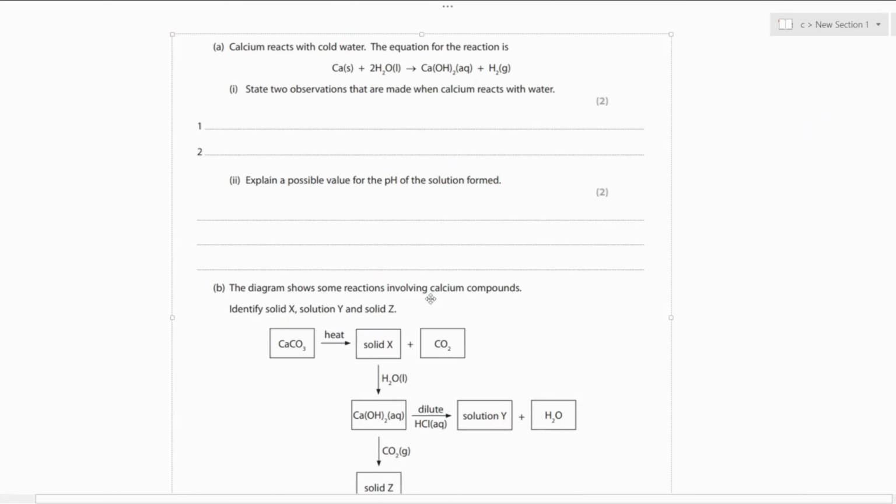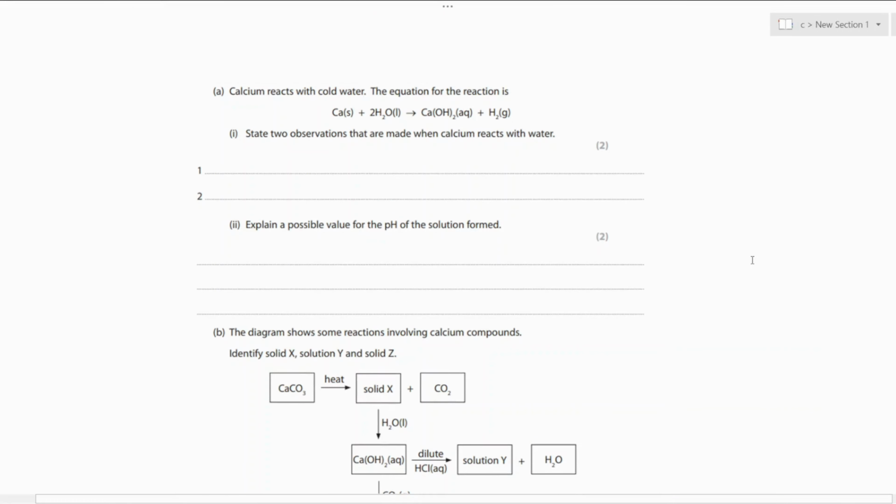The question is, calcium reacts with cold water. The equation is given. State two observations that are made when calcium reacts with water. What are the observations? What are the visible things that you can see? Okay, bubbles.